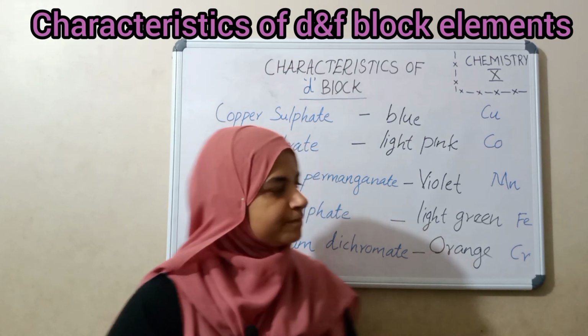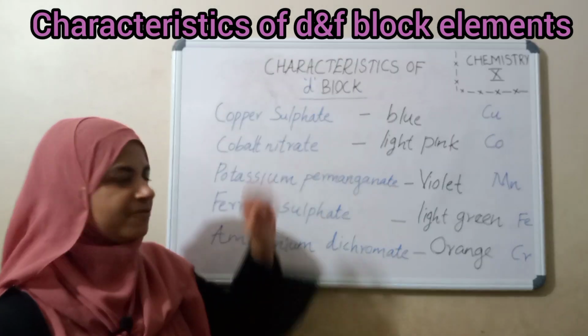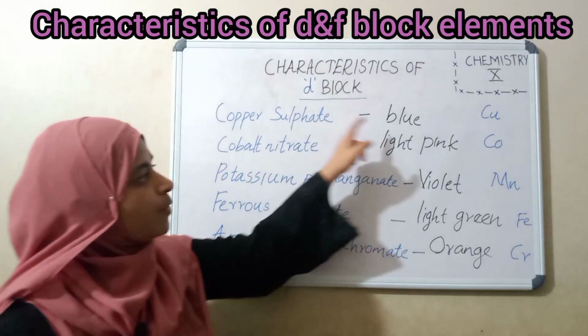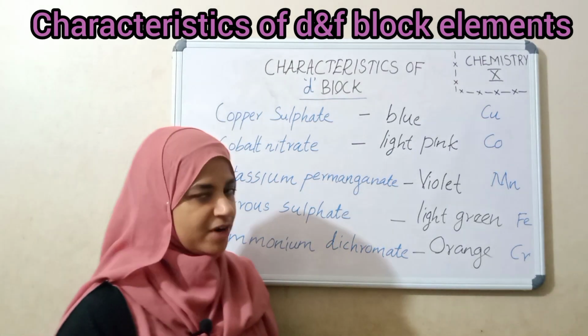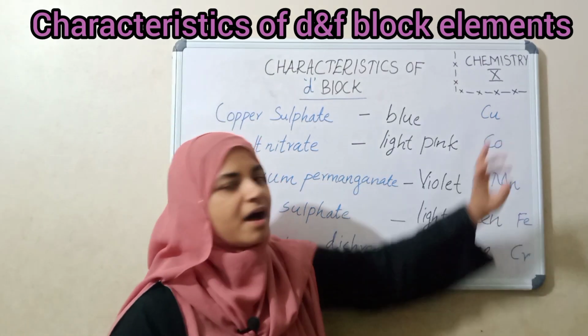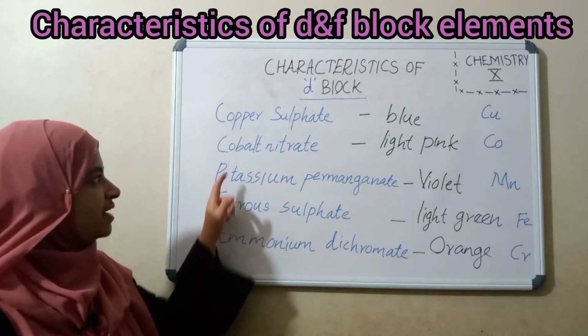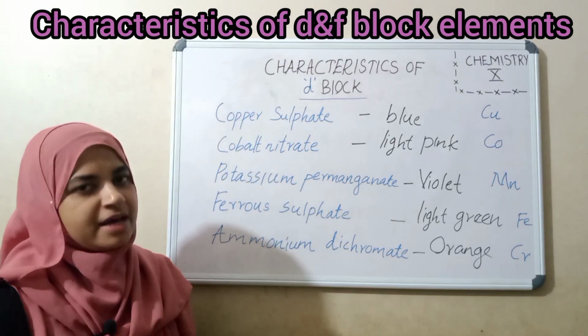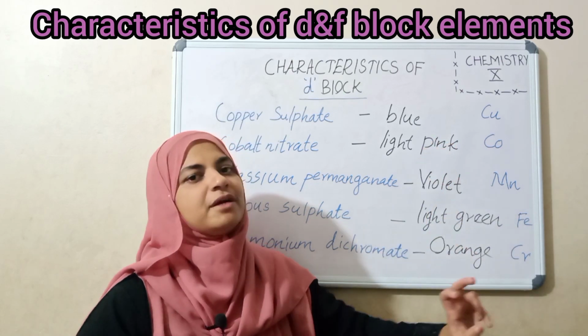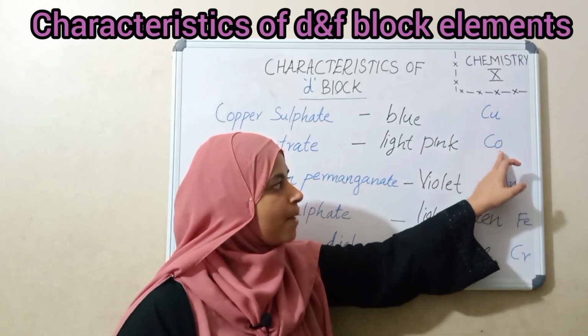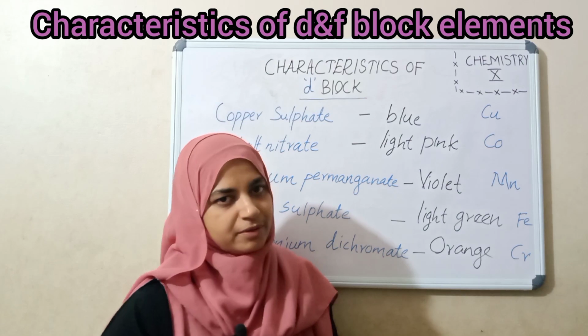For example, copper sulfate is a blue colored compound. This blue color is given by the copper ion. Next one is cobalt nitrate. Its color is light pink. Here the light pink color is given by the cobalt ion.